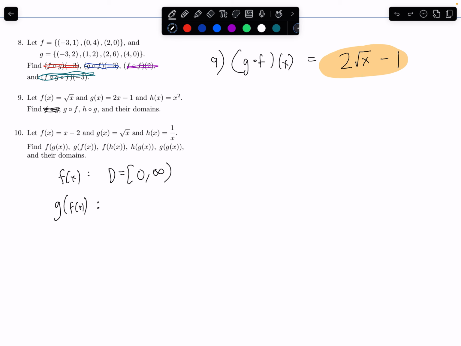So for g of f of x, which of those values are in the domain? The domain values are going to start from also 0 and end at infinity. Right, so now where do those things overlap? Well, they're the same, so the overlap would be from 0 to infinity.